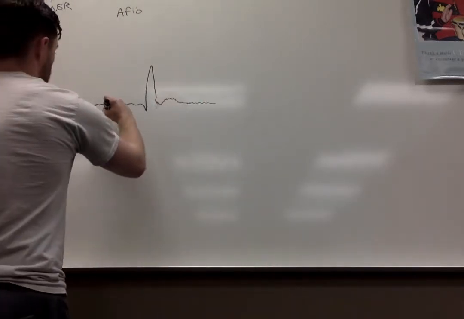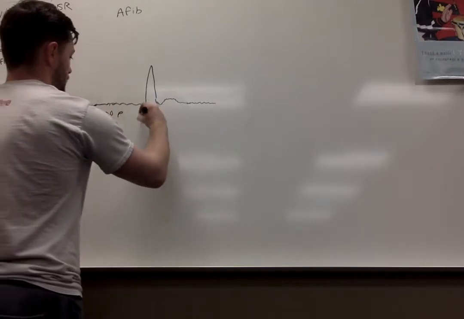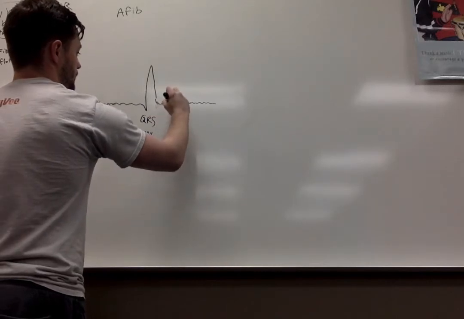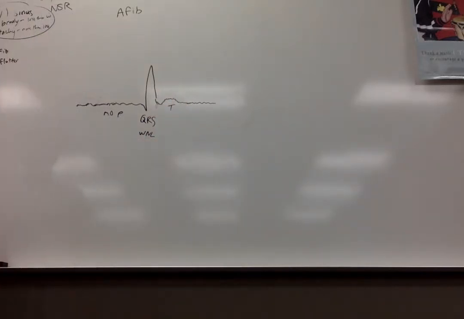But yeah, so you have no P wave. You have your QRS, should be within normal limits. You have a T. So where's this primary pacemaker coming from? Any of these? Yeah, it's any of these.